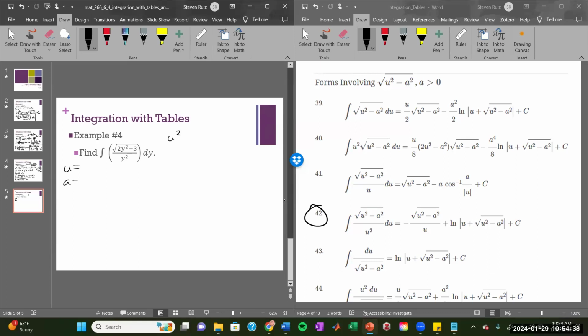One thing, the reason I'm saying this is we know U squared is 2y squared, right? Which means U should be equal to radical 2 times y. What's A? Square root of 3. What's du?